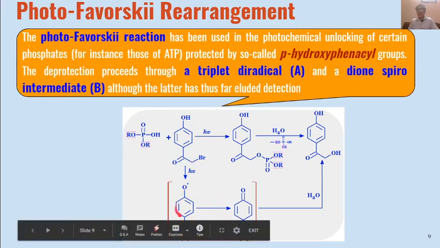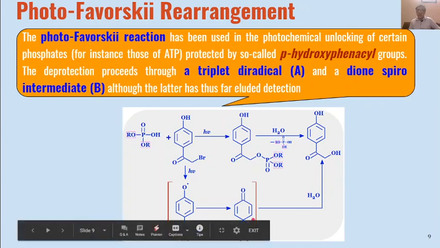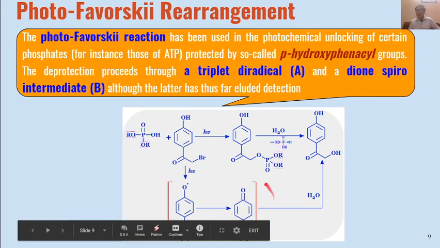This triplet diradical then gets converted into dione spiro intermediate B. Here what happens is that this CH2 attacks this ring to form a cyclopropanone derivative, and this type of spirodione is formed, and then this spirodione undergoes hydrolysis to give us this type of product.